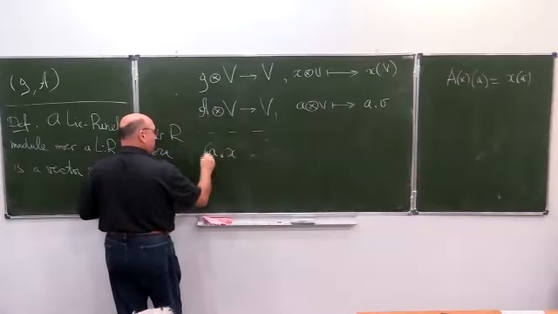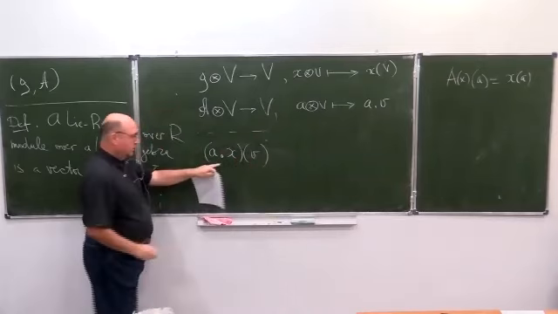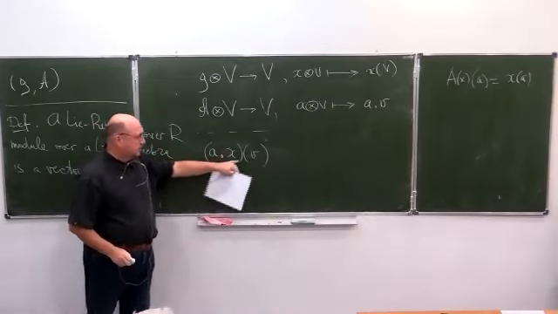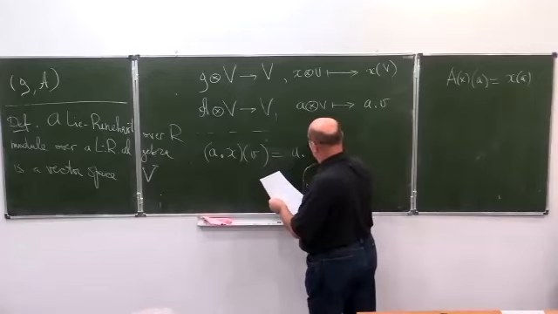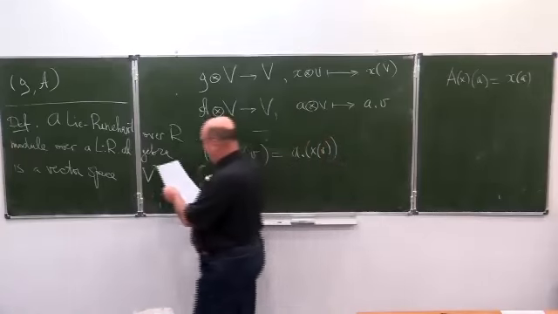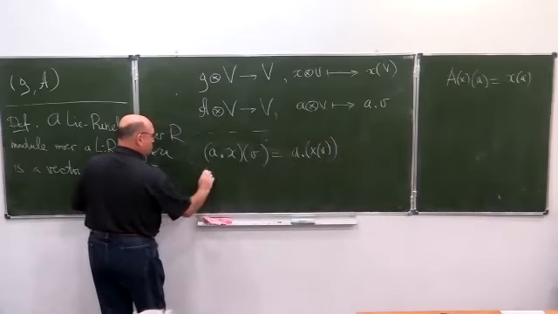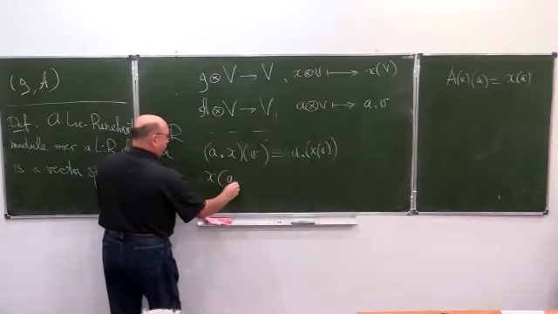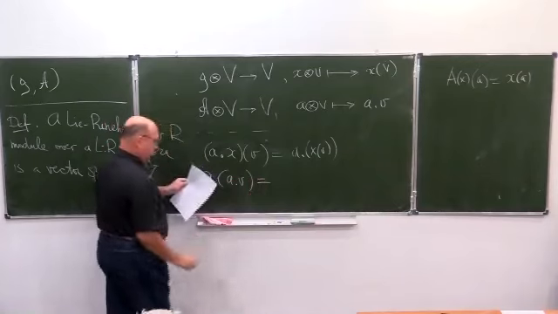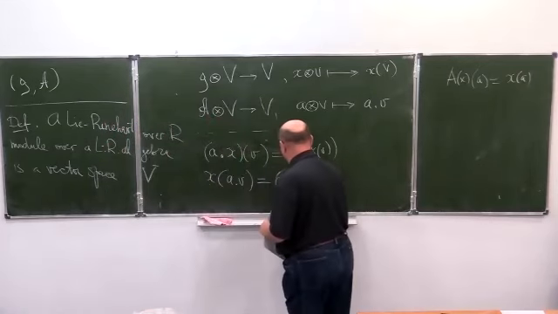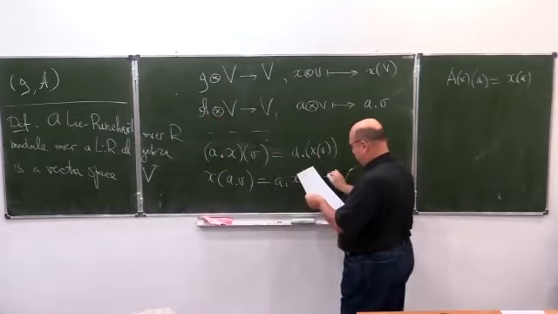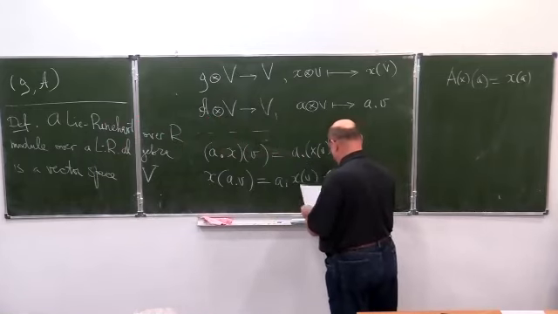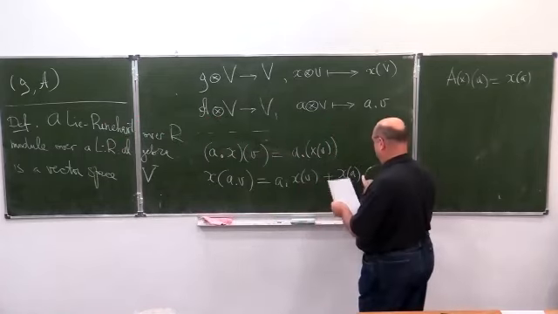The first one: if we apply a acts on X, then the result acts on V, it is the same as a applied to X of V. And if X acts on a applied to V, the result will be the following: a multiplied by X acting on V, plus X of a applied to V.